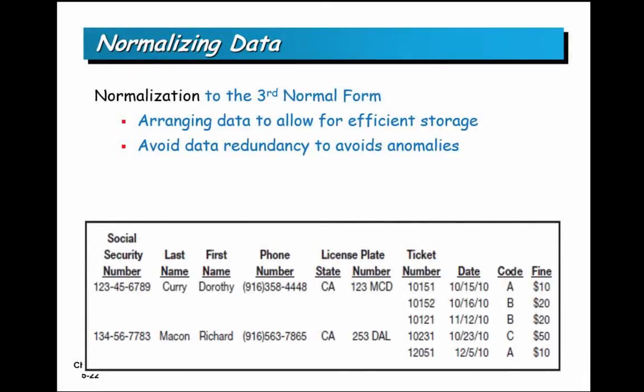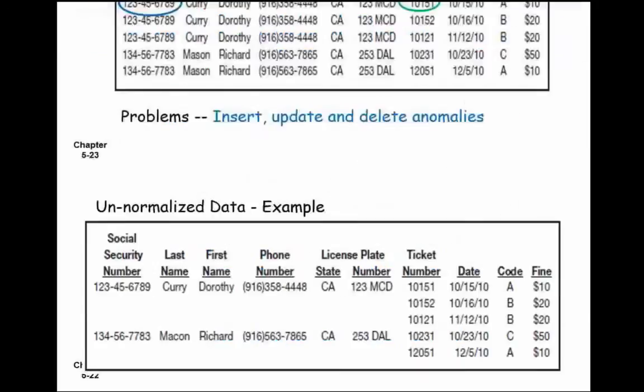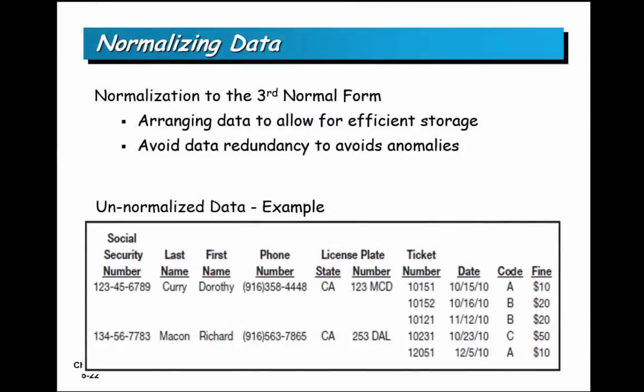Okay, so let's go through the process of normalizing data. Okay, so let's normalize this to the third normal form. We're going to start off with totally unnormalized data, not even first normal form. And you know it's totally unnormalized when you have repeating fields.